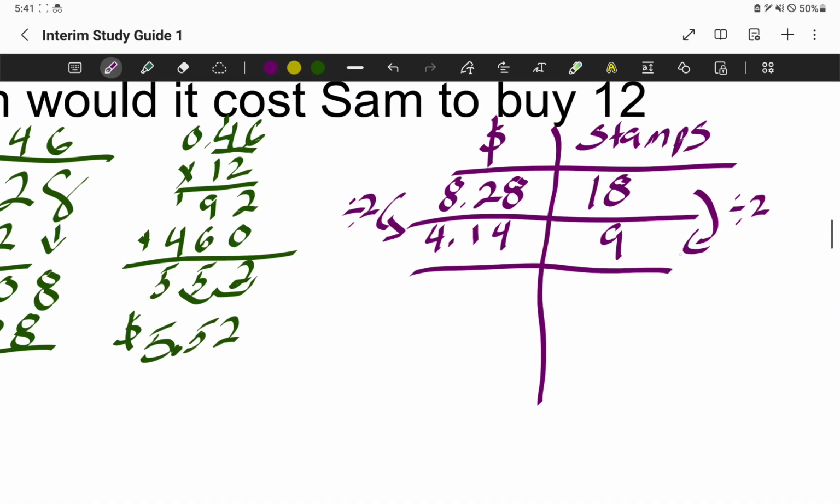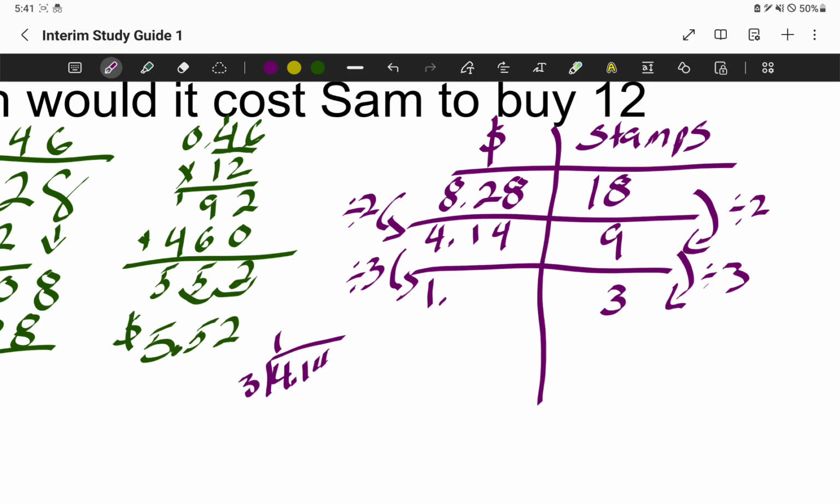Well, let's divide by 3. Well, 9 divided by 3 is 3. Well, 3 goes into 4 one time, with 1 left over. So now, I've got 414.